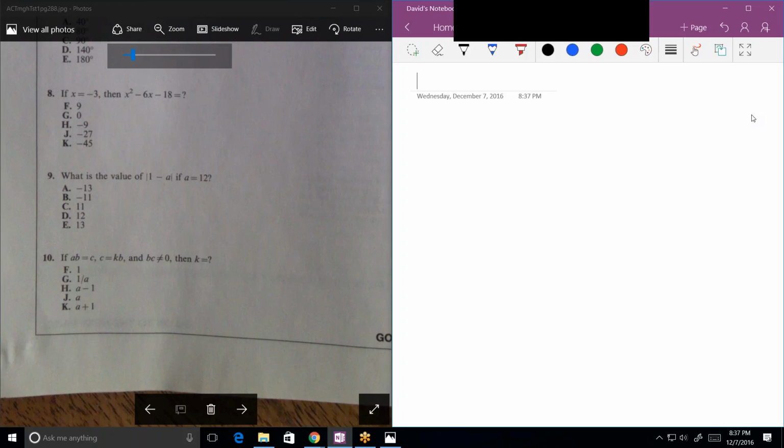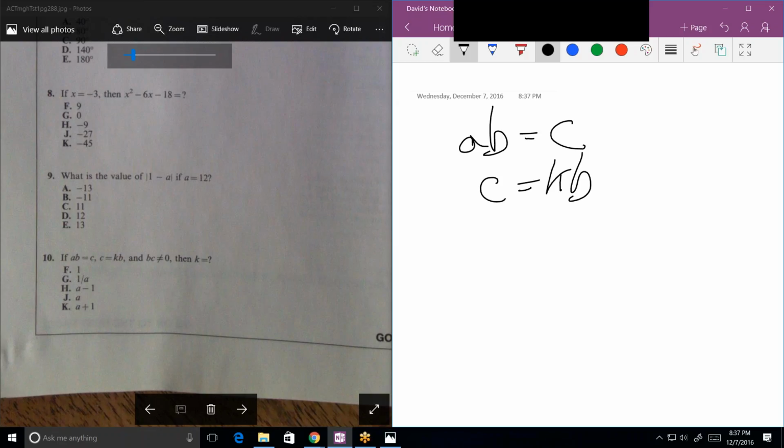Number 10. First of all, if I've got AB equals C and C equals KB, what can I write from that? What has to be true?